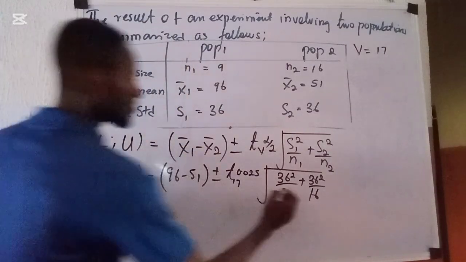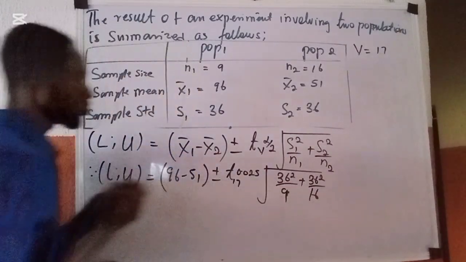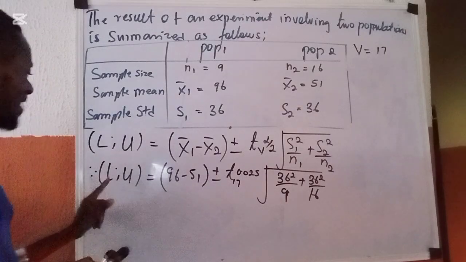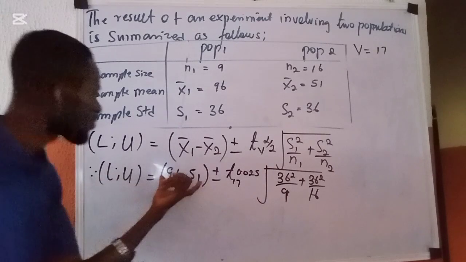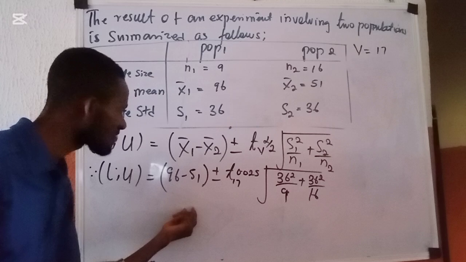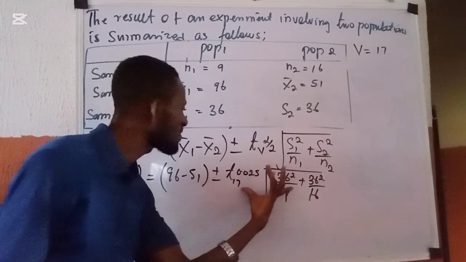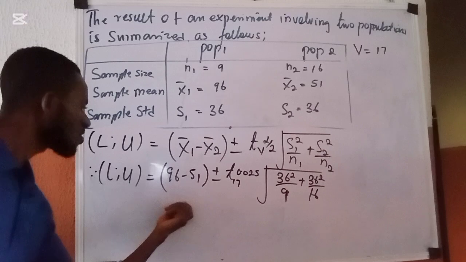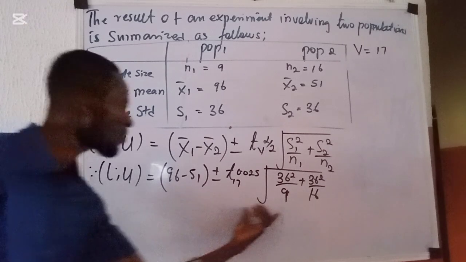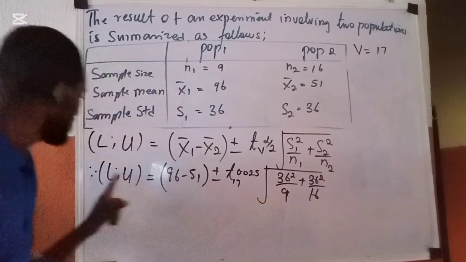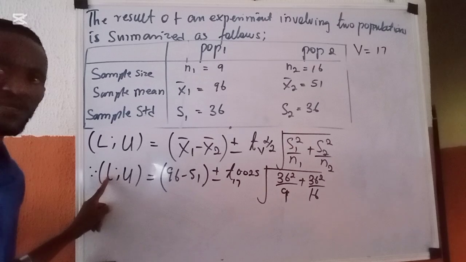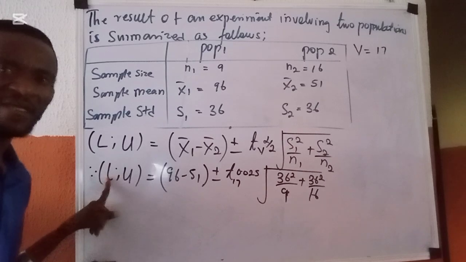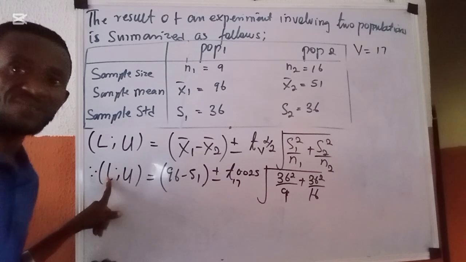So what you are going to do here now is, you are first of all going to get the value of L by evaluating this, dropping this value, evaluating this and dropping this value. At the end, whatever value you got here minus the value you got here will give you the value of L, the lower confidence limit.